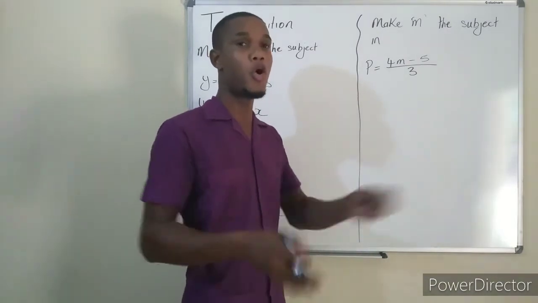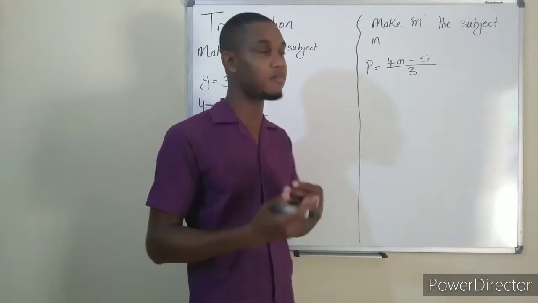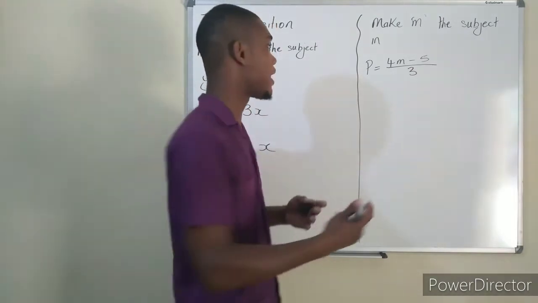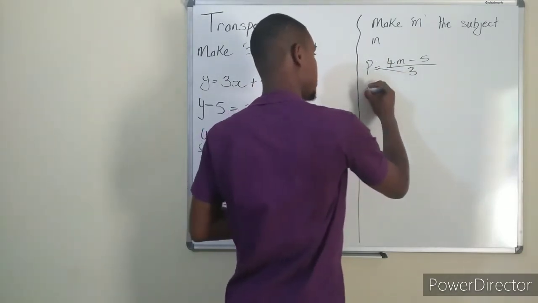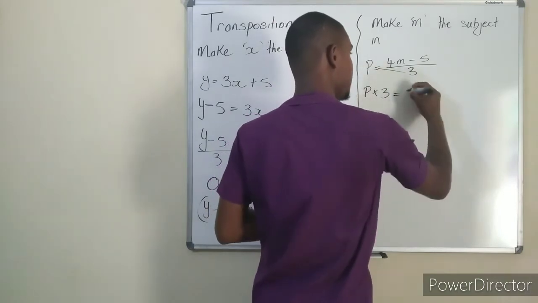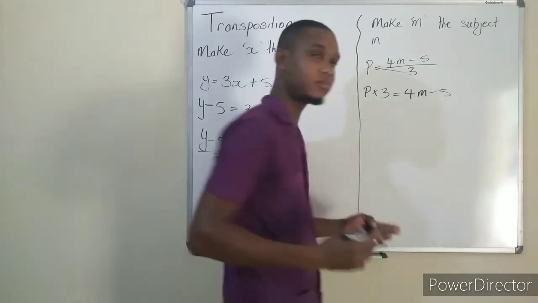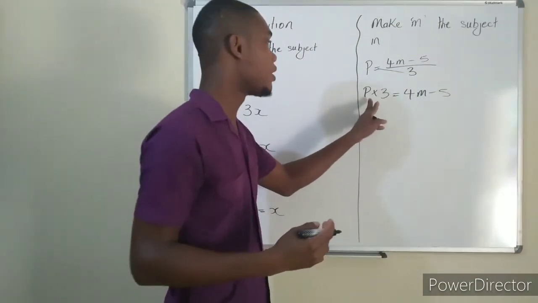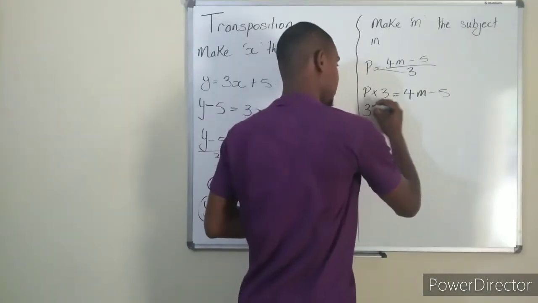So you're going to do the opposite. Because division came last, you will have to do the opposite of dividing first, and that is multiplying. So it's p multiplied by 3, which is going to be equal to 4m minus 5. And you know that once you have a variable being multiplied by a number, you can simply write it beside each other.